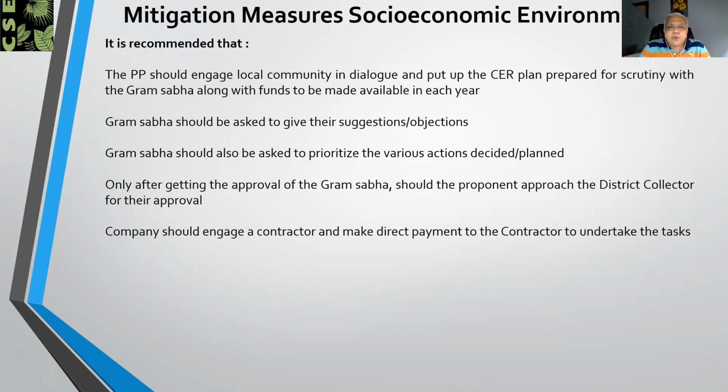The proponent should invite suggestions and objections from the Gram Sabha, and they should also prioritize the various actions which are decided or planned, and only after getting the approval of the Gram Sabha, the proponent should approach the district collector for their approval.